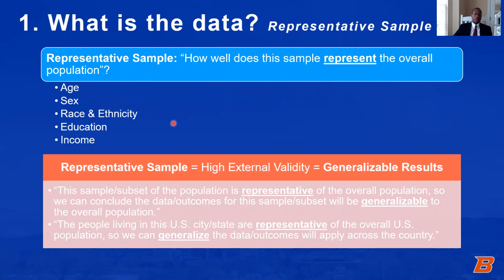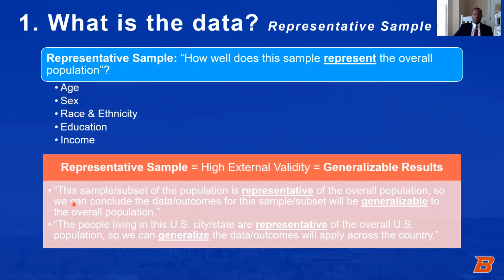Some of the areas you want to look at are age, sex, race, ethnicity, education, and income. This is important because a representative sample is going to lead to high external validity, and that's going to lead to generalizable results. So when you have a representative sample and high external validity, you can have generalized results.